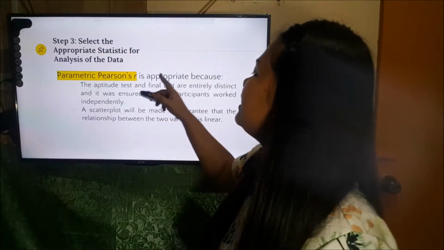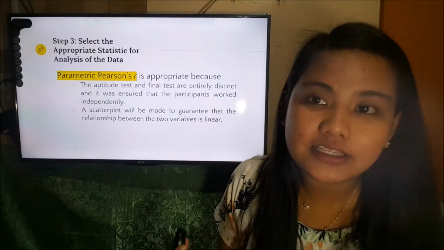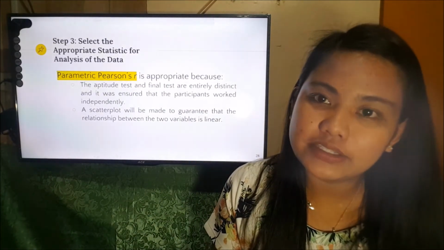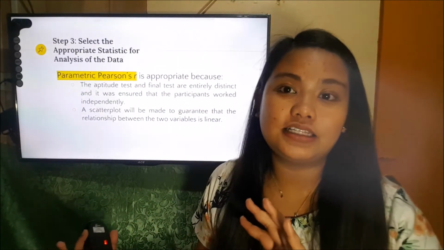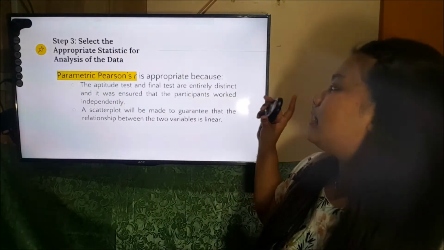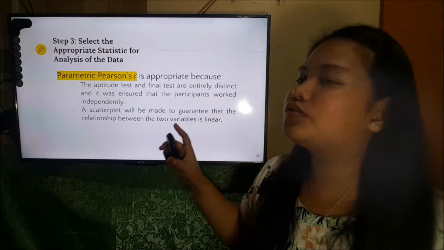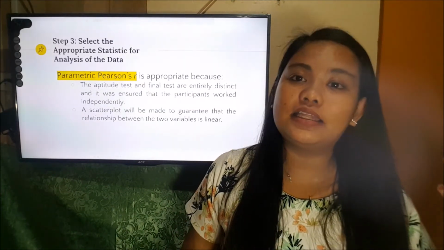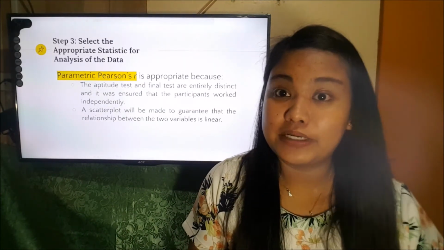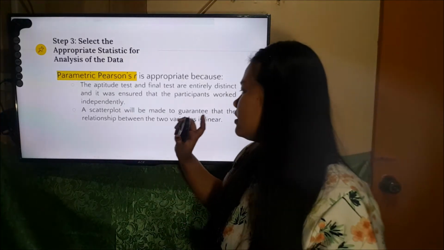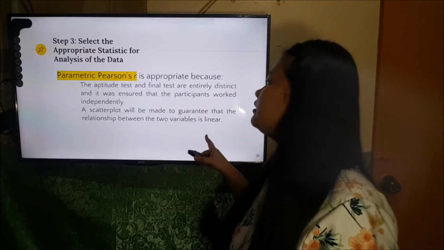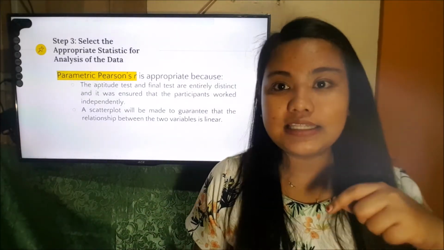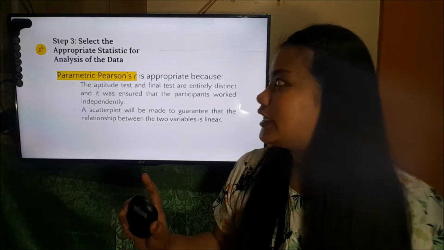Next, the aptitude test and the final test are entirely distinct from one another, meaning no items from the aptitude test would appear on the final test or vice versa. And it was ensured that the participants worked independently, there was no collaboration, and no cheating among the participants, okay? And a scatter plot will be made to guarantee that the relationship between the two variables is linear. You would see the scatter plot later in step 5.